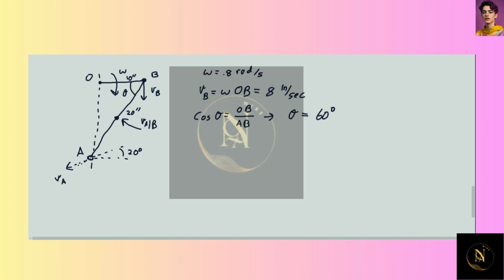We can then draw a velocity diagram to help us consider this situation a little more clearly. We have VA, we have VB, we have a VA with respect to B, and we know the angle between these should be our angle theta.